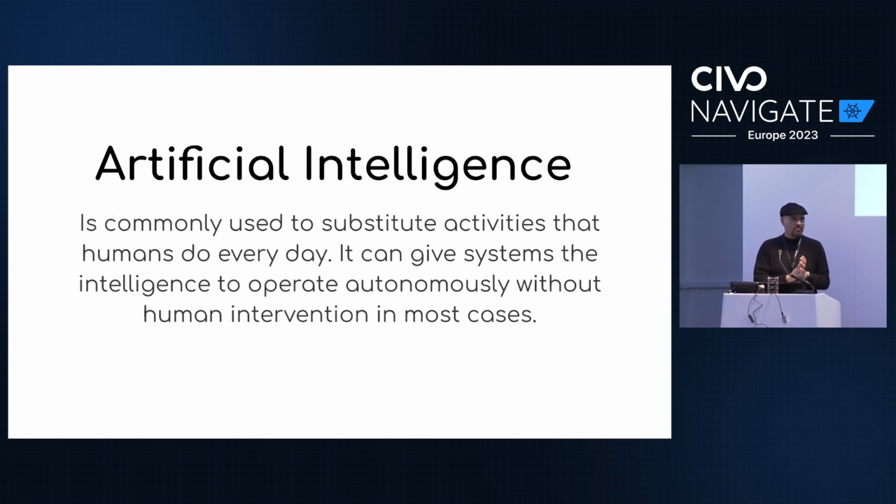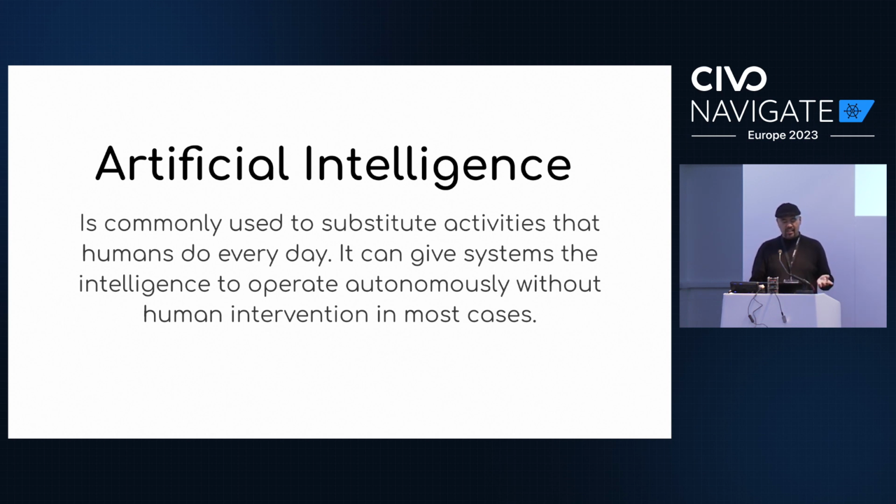Artificial intelligence: maybe some of the people here play with or are working on artificial intelligence, so just some basic concepts. As we know, artificial intelligence can give autonomous power to think, let's say, to a program, to a robot, to a machine, without human intervention in most cases.